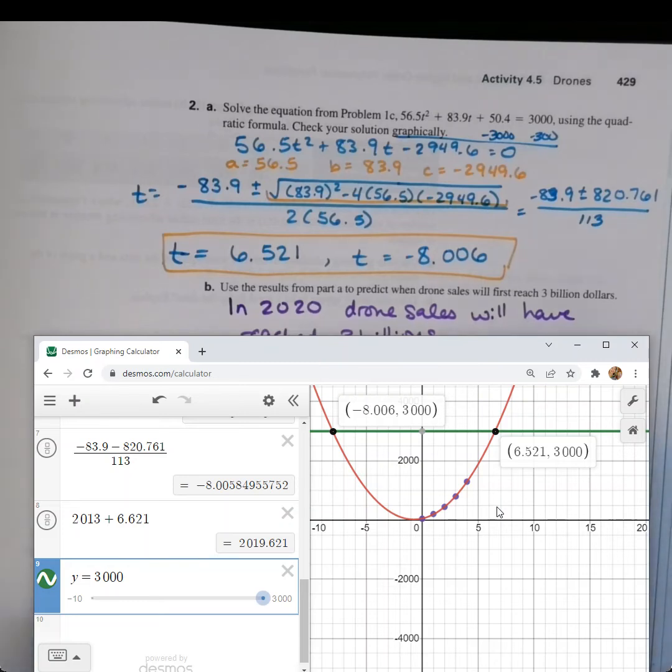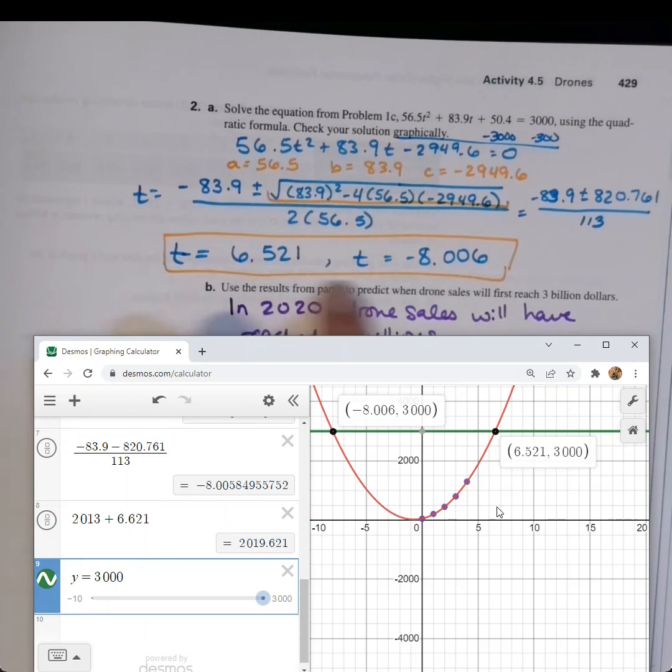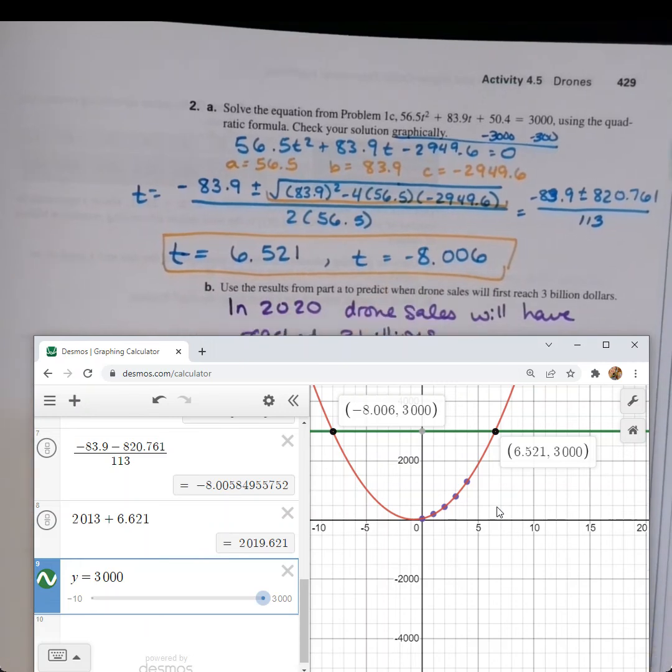Now, it's a lot easier graphically to find those solutions with a couple caveats. Like, first of all, perhaps I have a hard time rescaling my graph and maybe I can't find them. So that could be a difficulty that if I knew what the answers were supposed to be, it might make them easier to find. Also, though, as we get into some of the subsequent sections, we will have solutions that are going to be imaginary values, not real values.